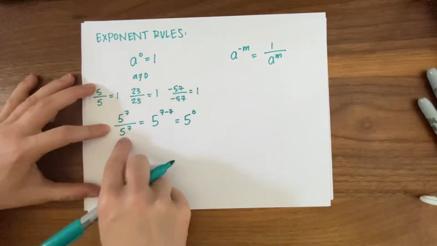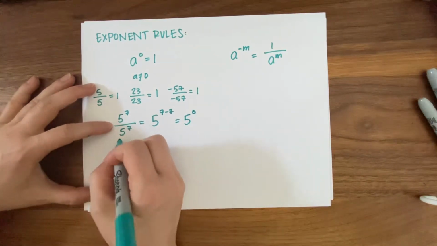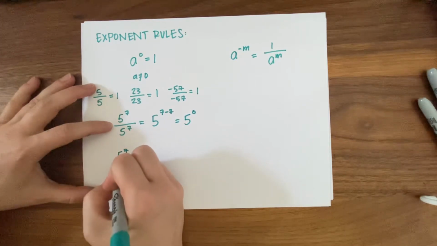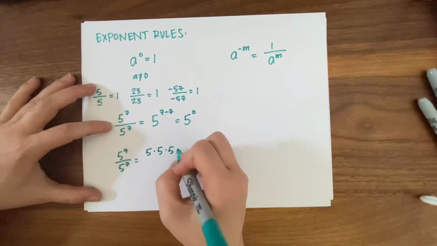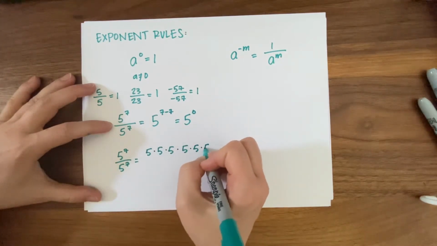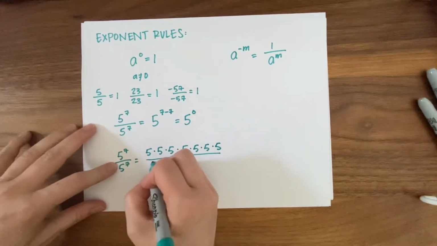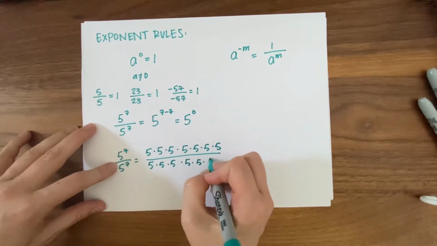But if we thought about this differently, if we said, well, I'm going to expand this out, I'm going to say that this 5 to the 7th power divided by 5 to the 7th power is the same as 5 times 5 times 5 times 5 times 5 times 5 times 5, over 5 times 5 times 5 times 5 times 5 times 5 times 5.